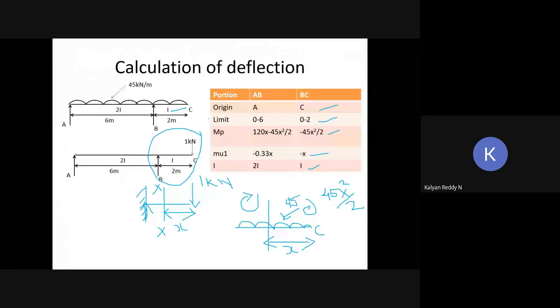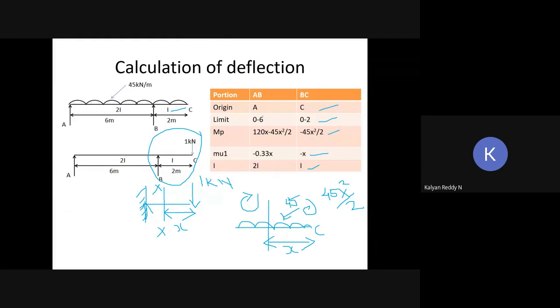Ma'am, will the x be the same for both the sides, at equidistance from A and also from C? For AB you took x from A, and for BC you took x from C. Yes, because the origin points differ, the distance of x may or may not be the same, as in case of different loaded conditions.